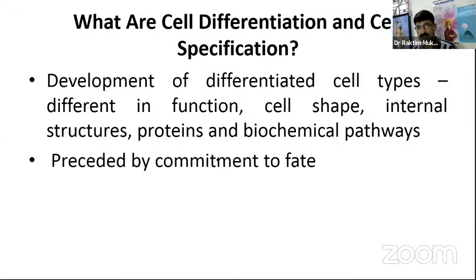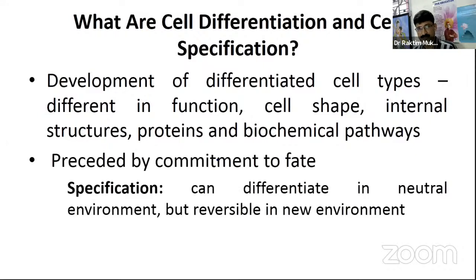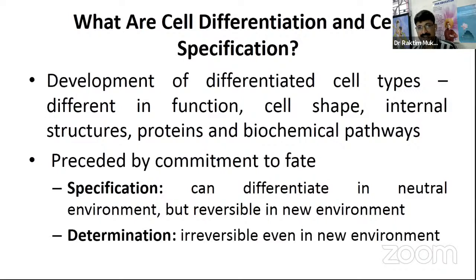This is preceded by commitment to fate. Preceded is before. So what is specification? Specification can differentiate in a neutral environment, but is reversible in a new environment. Whereas determination is irreversible, even in a new environment.